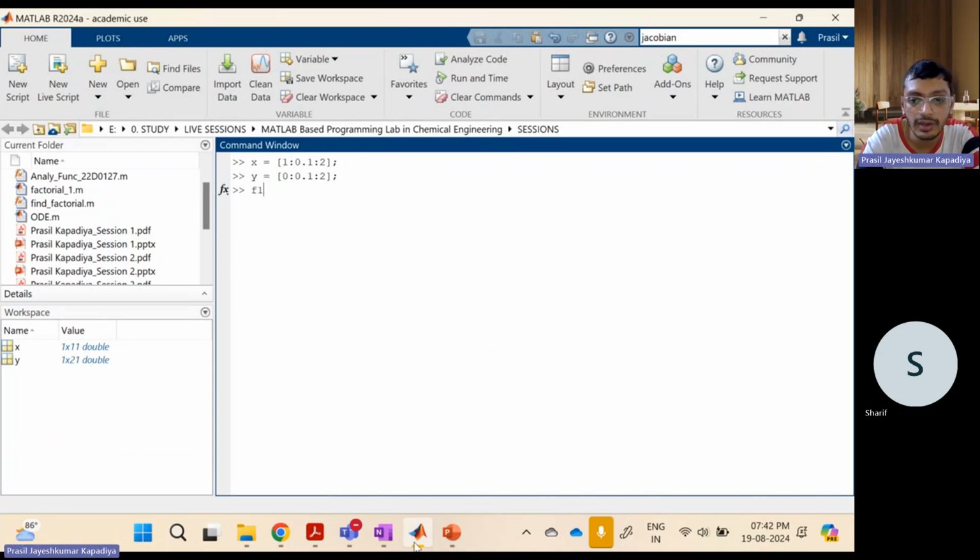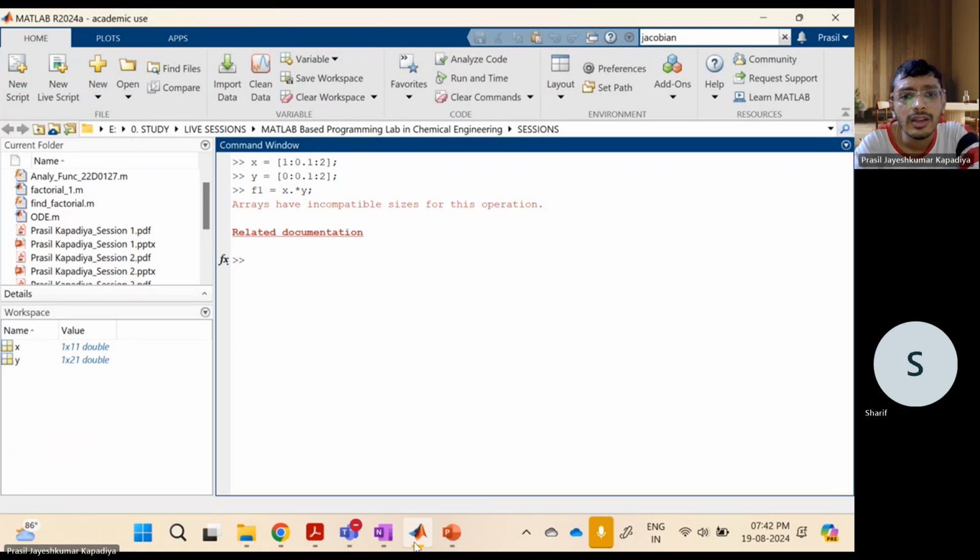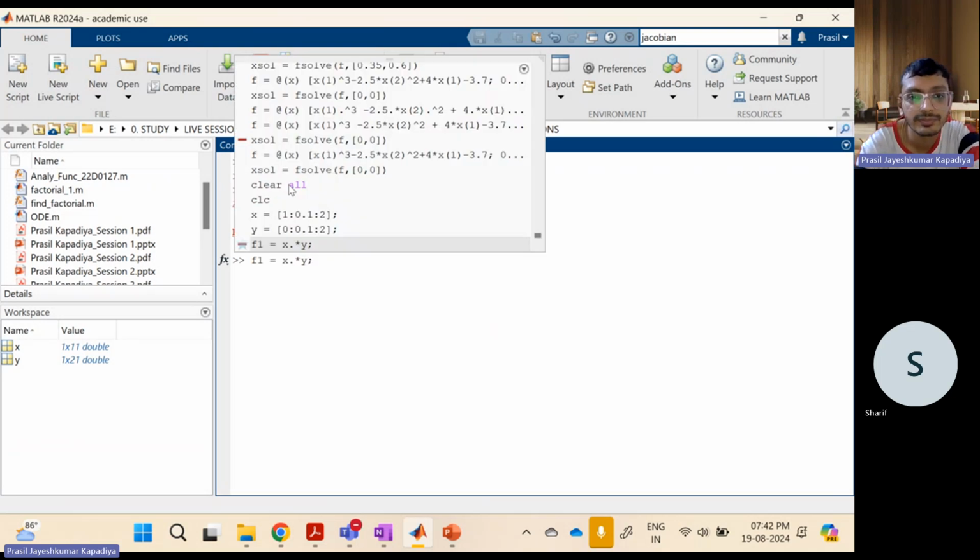Right? My f1 is equal to x into y. Here I need to put one dot because we are dealing with scalar. Okay, it should be of the same size, x and y.